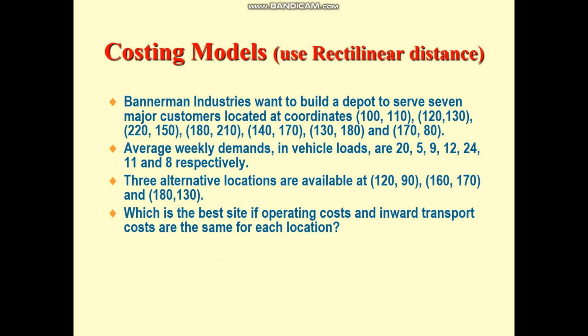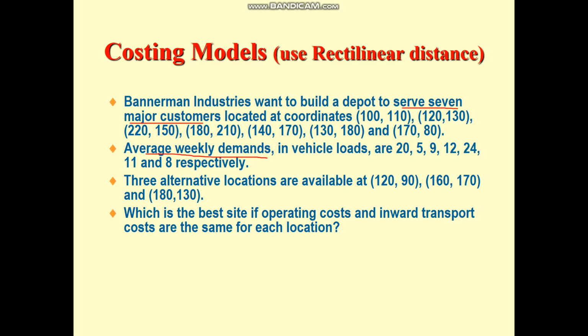And here is another example that uses the rectilinear distance. The same as before, we have to serve 7 customers, and we have the coordinates of our 7 customers. We also have the average weekly demands, the load of each customer.